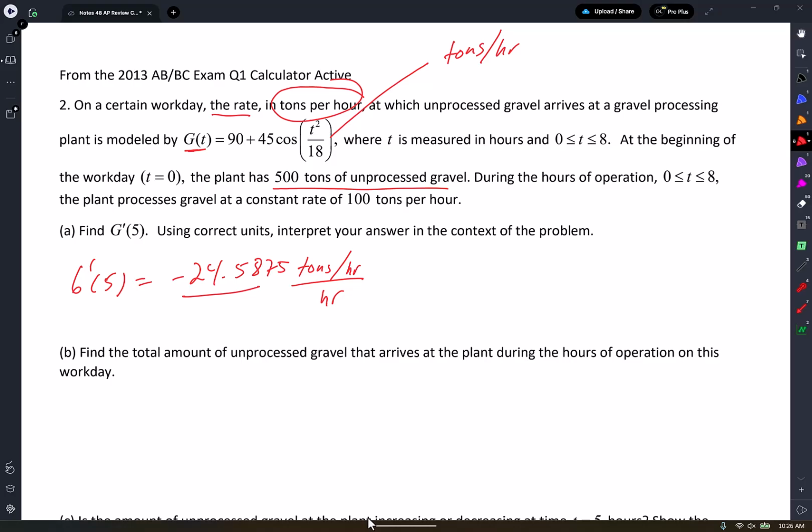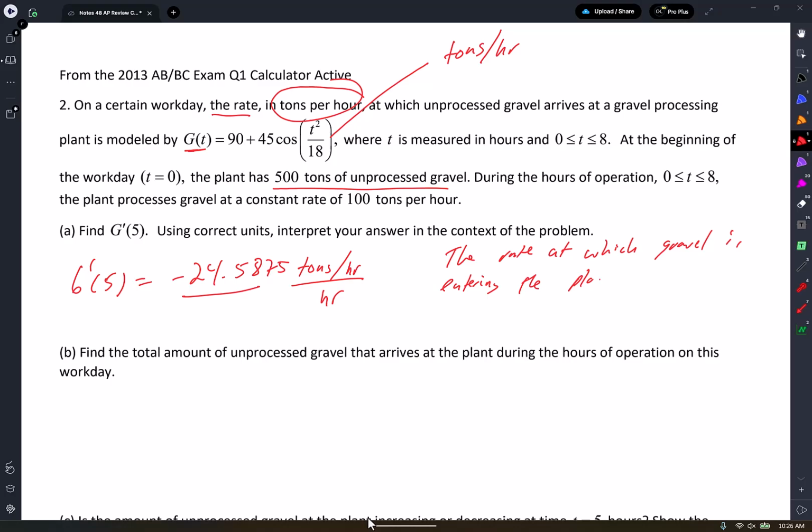What does it mean? The rate at which gravel is entering is decreasing by. Yep. The rate at which gravel is entering the plant, I'm going to say entering the plant at 5 hours.